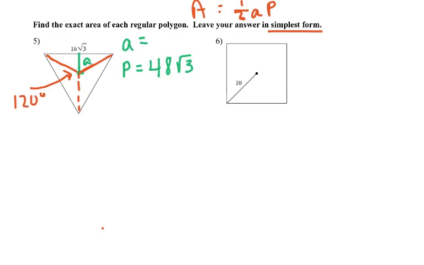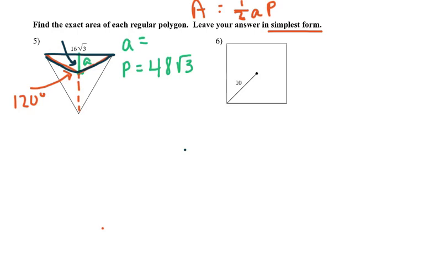Now, if we use the apothem to divide this triangle in half, then we get that angle, right here, is half of 120, so it's 60.